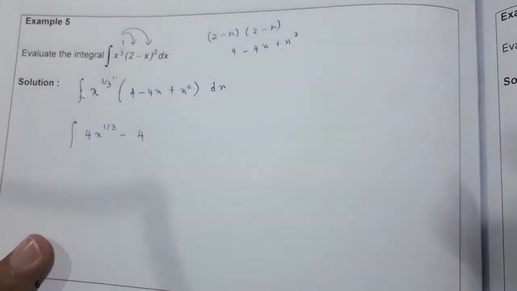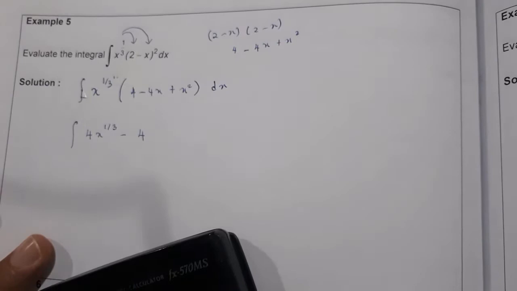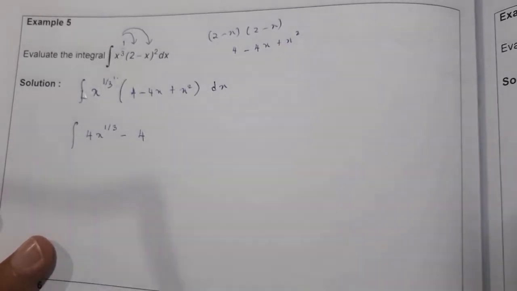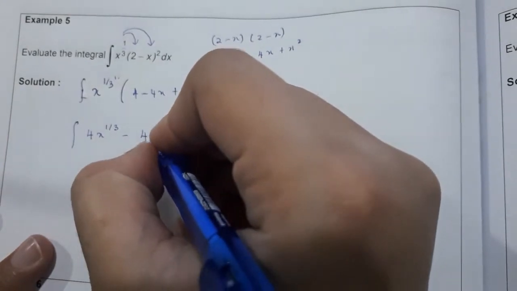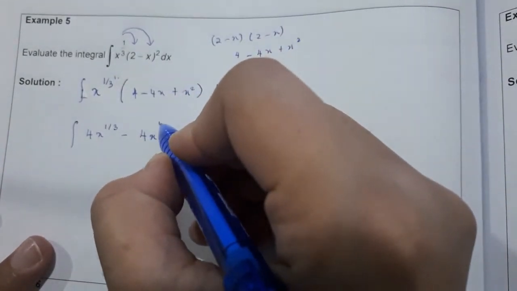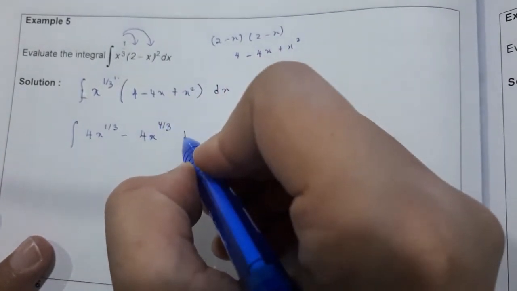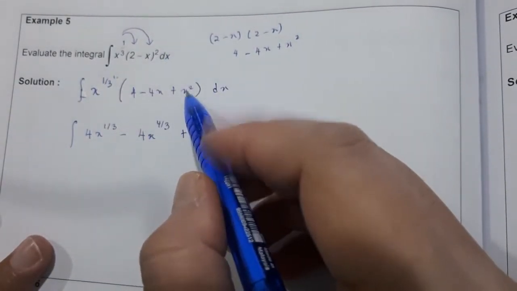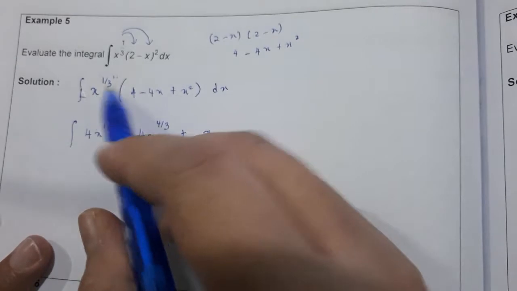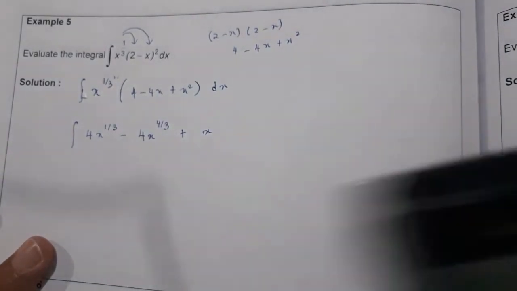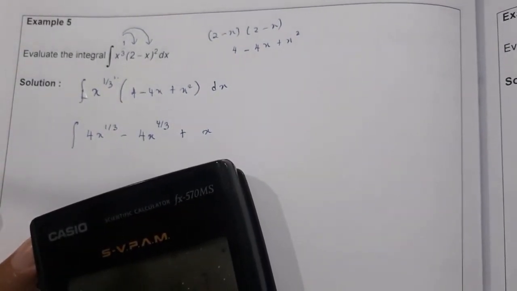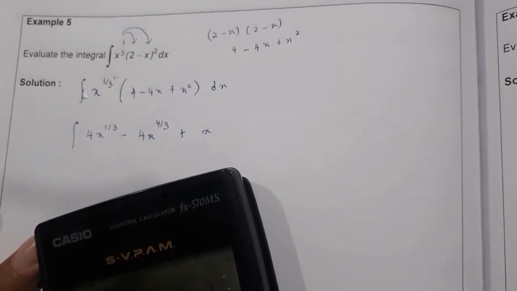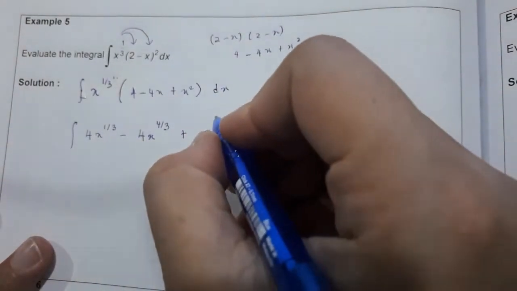So 1/3 plus 1 equals 4/3. So 4x^(4/3) plus x^(1/3) multiplied by x squared. So x multiplied by x, we add the power, 1/3 plus 2, we get 7/3.